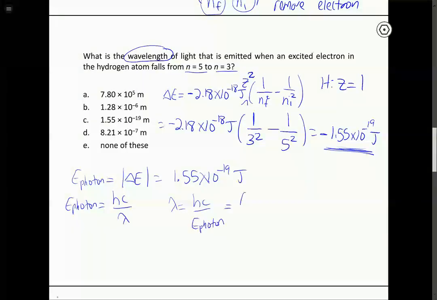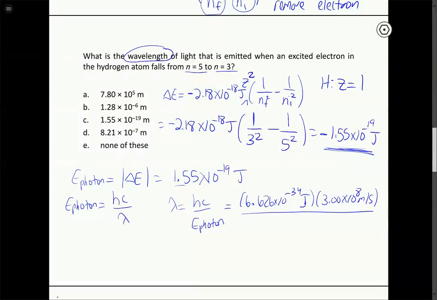And so we plug in numbers. h and c are fundamental constants that are on the periodic table that we give you, so you don't have to memorize them. And then finally we put the energy of the photon in there, the one that we calculated earlier, 1.55 times 10 to the minus 19 joules.